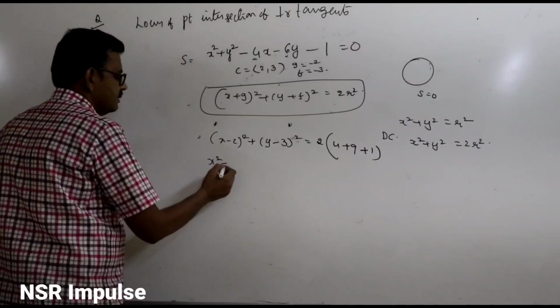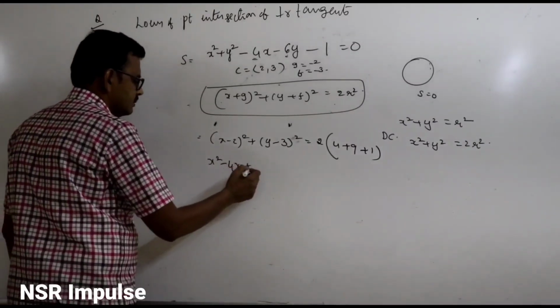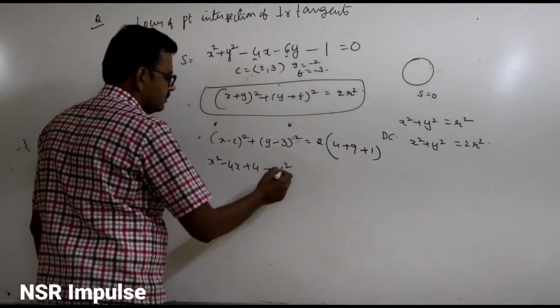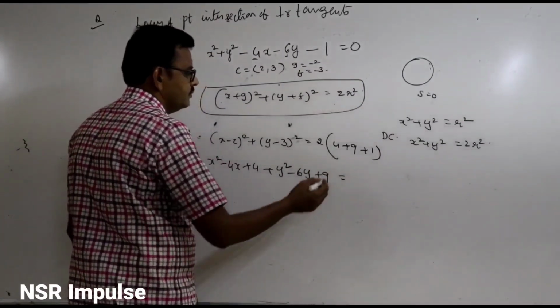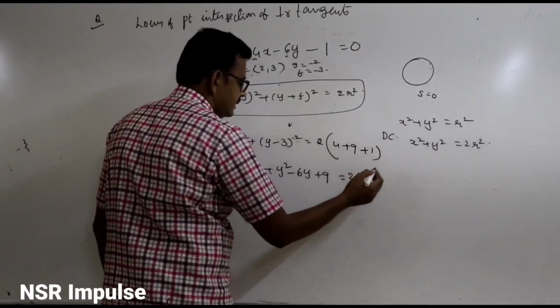So x square minus 4x plus 4 plus y square minus 6y plus 9 is equal to 28.